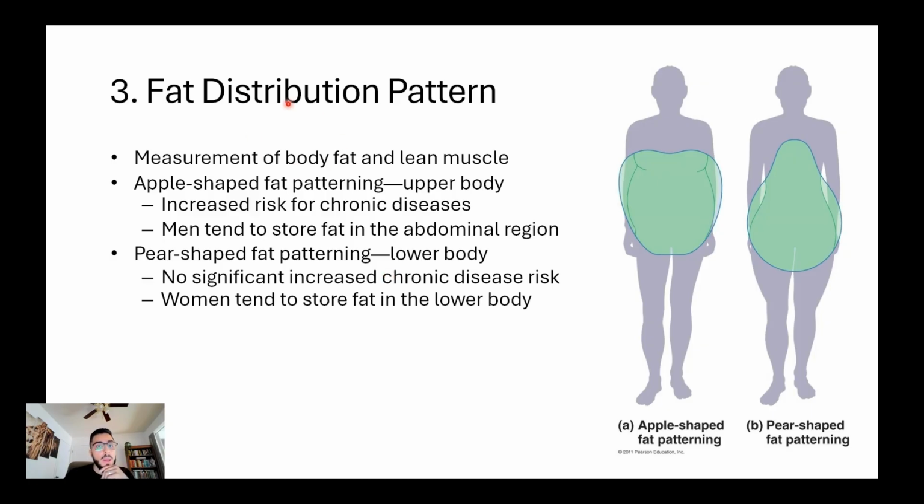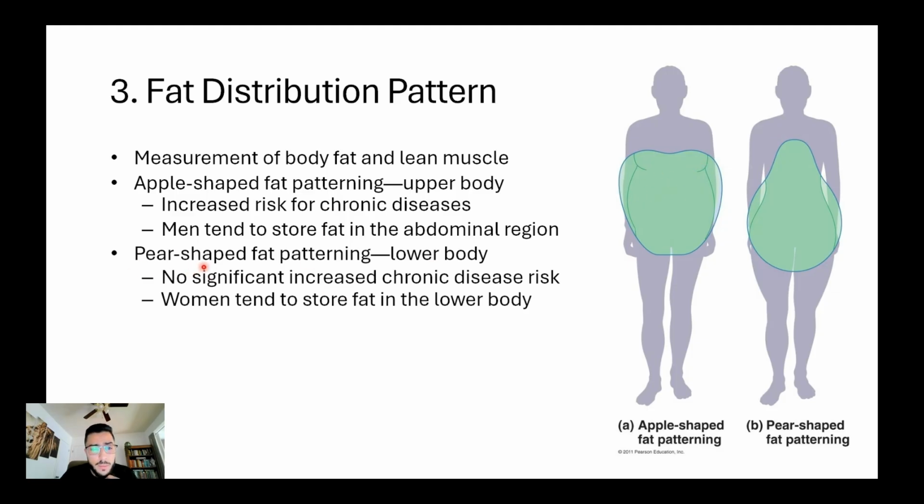The third concept, or the third important thing to do when you're talking about healthy and unhealthy body weight, is looking at the fat distribution pattern. Men tend to have an apple-shaped fat patterning. So that means the upper body has more fat, and this has an increased risk for chronic disease because it's around the abdominal region where you have your visceral fat, where you have many of the important organs, and so the accumulation of fat happens here.